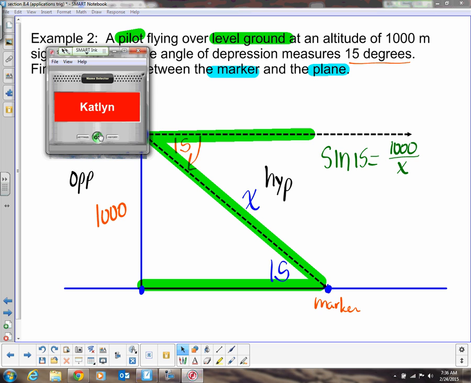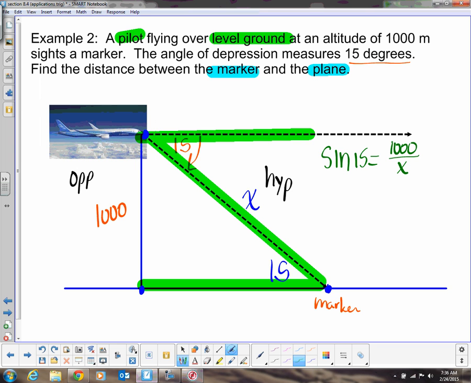This goes to Caitlin. So you're going to have x sine 15 is equal to 1,000. Then what?